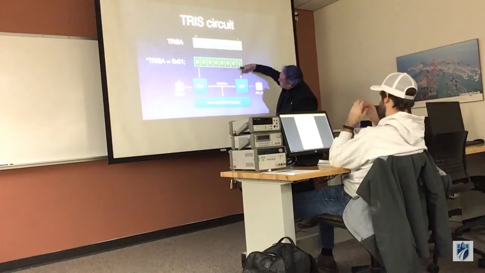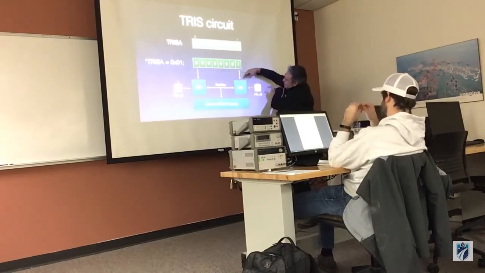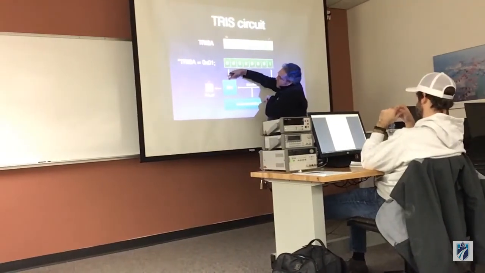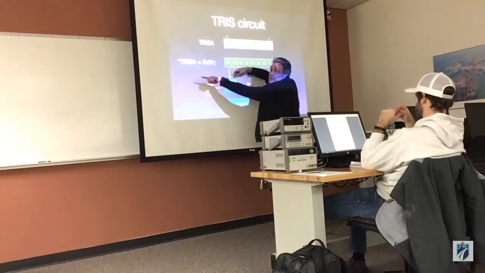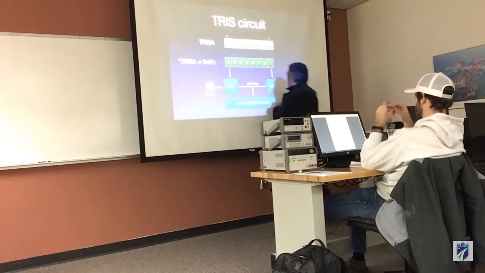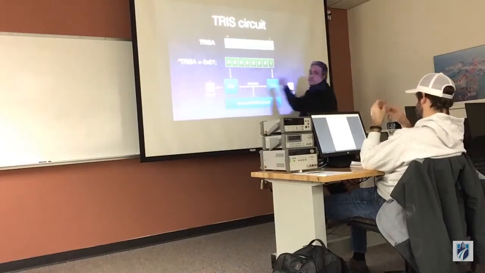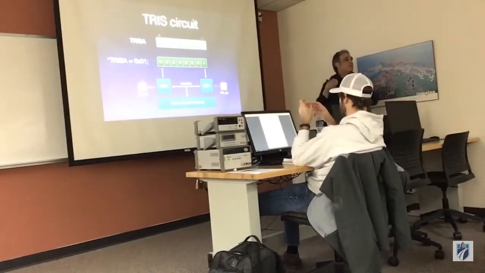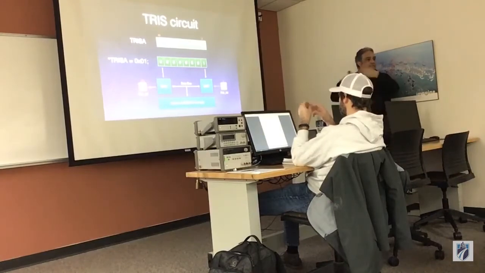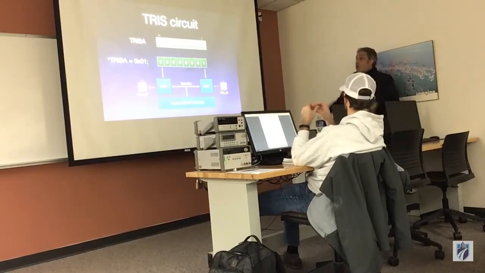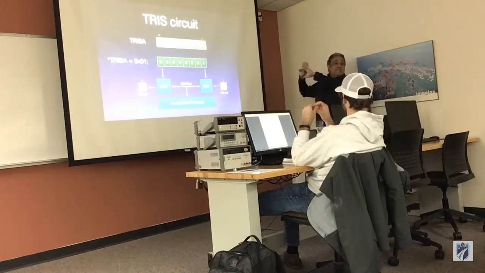If a 1 shows up at the input pin, it will work this way. But if a 0 shows up at that pin, then it works that way. It's going out. In versus out, right? The direction of the data flow has changed. Now, here's the fun part. All this is to give you an idea of what's happening.